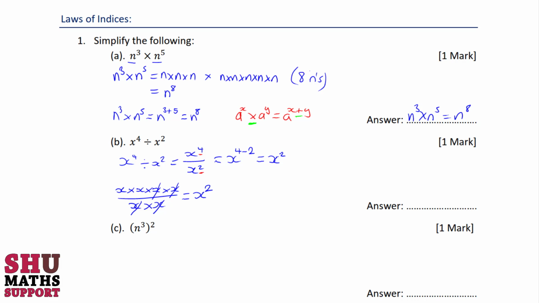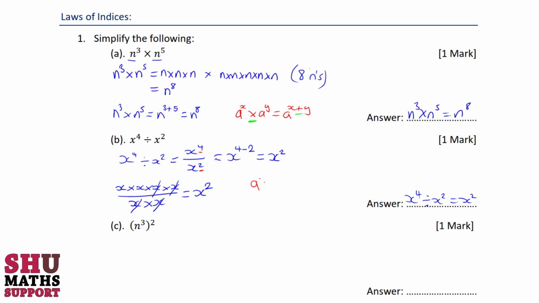So we have our answer that x to the power of 4 over x to the power of 2 is equal to x squared. And then if we were to write some notation for this, we can say that a to the power of x divided by a to the power of y is equal to a to the power of x minus y. And that's the rule that we're actually using here.